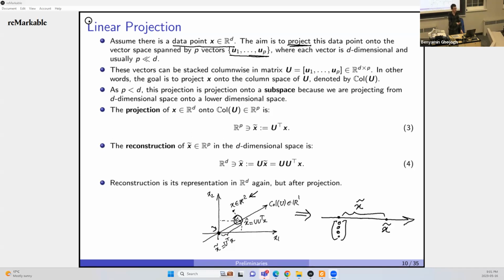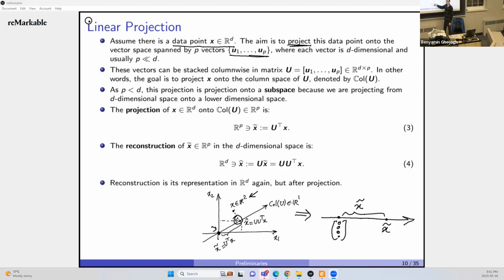This is projection. However, I can reconstruct it. What do I mean by reconstruction? Now let's go back to the 2D. This point that I'm pointing at is the projected point if you only consider this. Now, where is it in the two-dimensional space again?